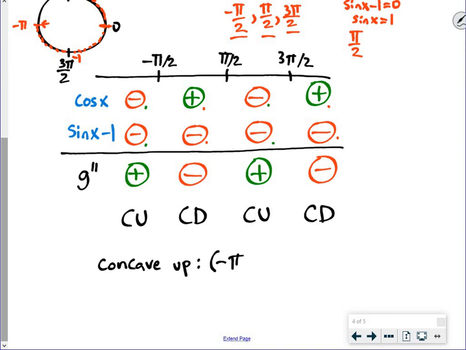So we're concave up from negative pi to negative pi over 2, as well as from pi over 2 to 3 pi over 2.